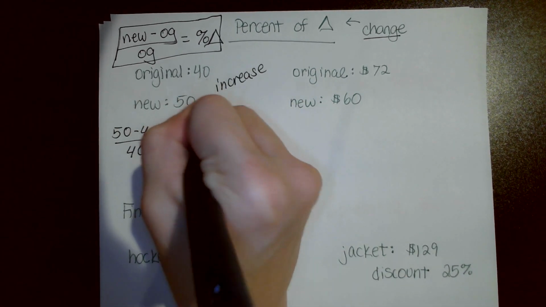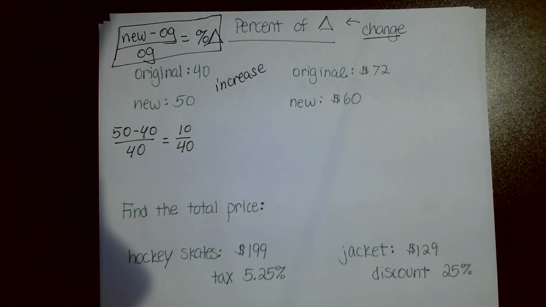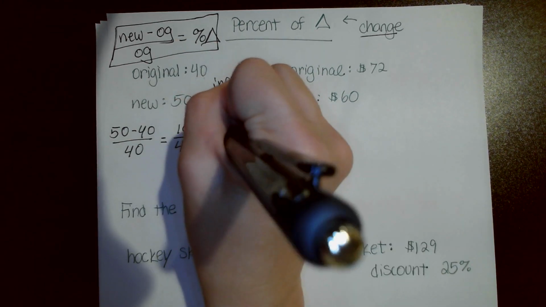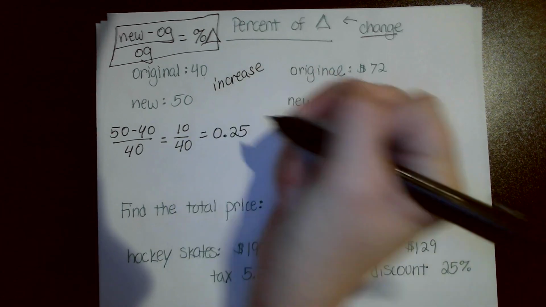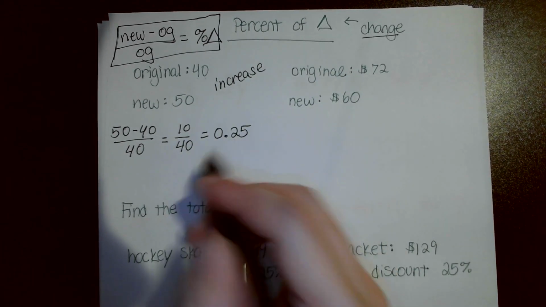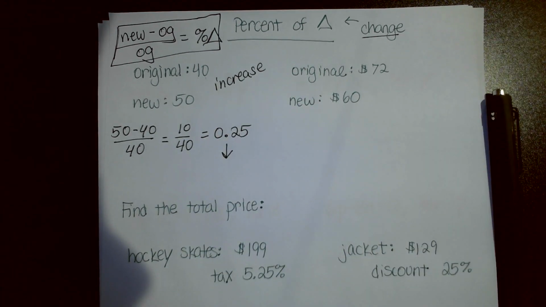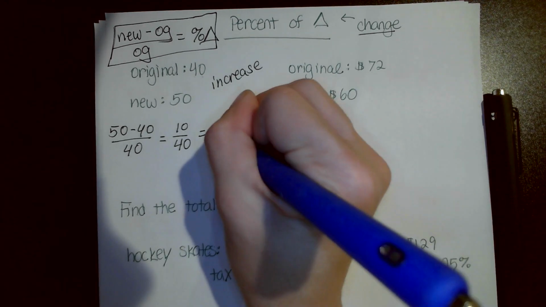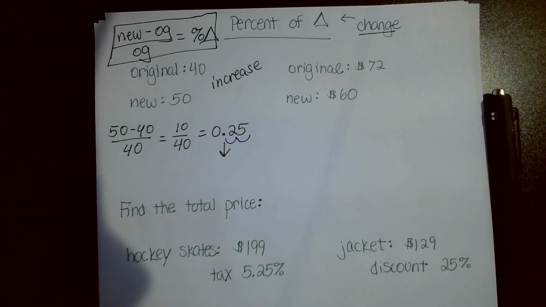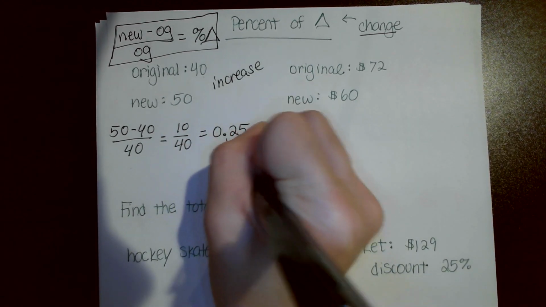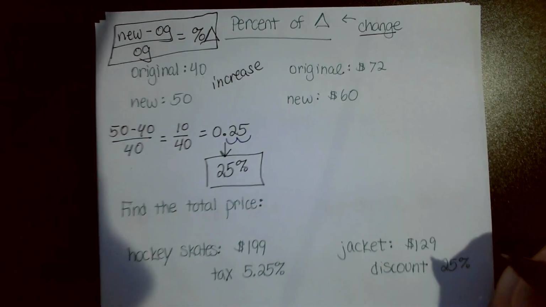So that gives me 10 over 40. And if I divide that, we get 0.25. Now, my answer is not 0.25%. We need to move the decimal to the right 2 places. So that becomes 25%. Okay.